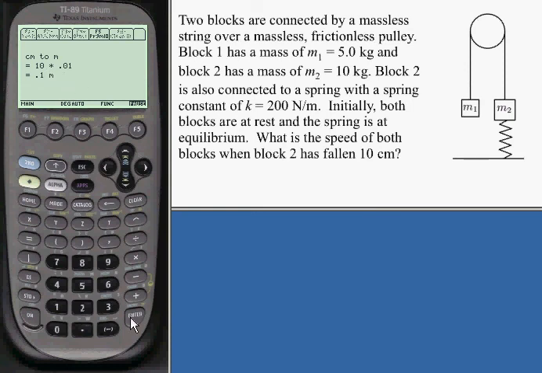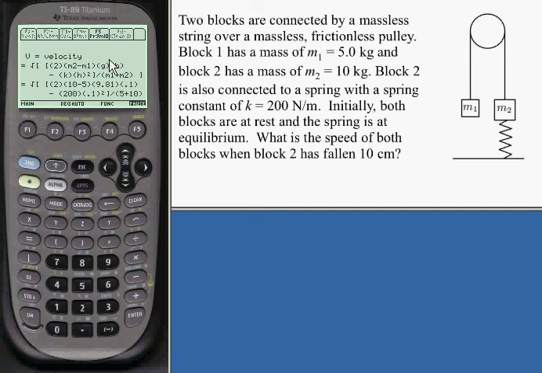Okay, 0.1 meters. And we check to see if everything is correct, which it is. M1 5, M2 10, K is 200 newtons per meter. Height is 0.1 meters. Okay, so we could change it if it was wrong.